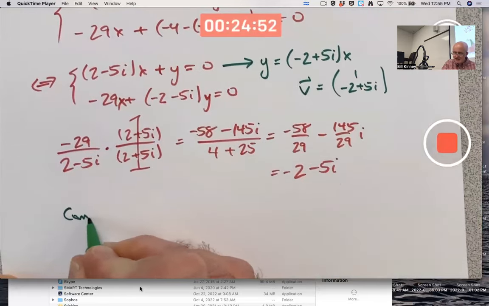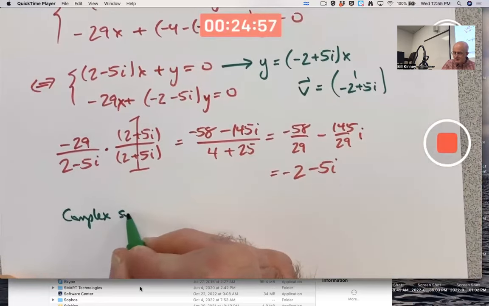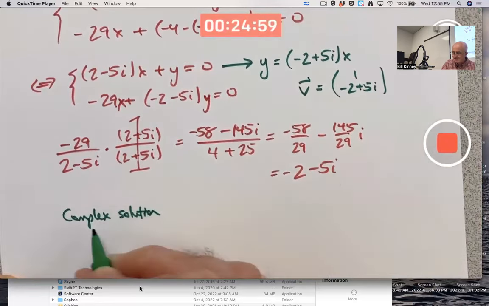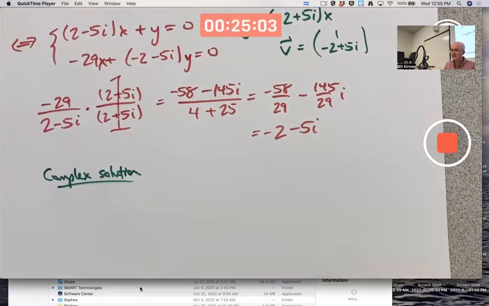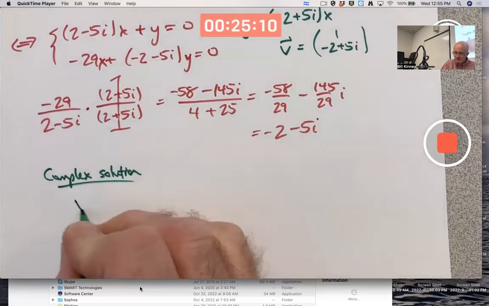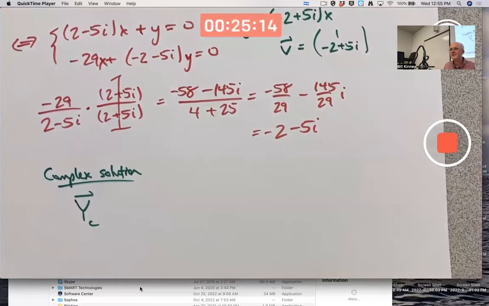You can use the complex eigenvalue and the complex eigenvector to come up with a complex solution. Now, we're not interested in the complex solution. It's just a tool. It's a tool to help us find the real solution. Call it capital Y, maybe you call it sub C for complex. You don't have to, but.